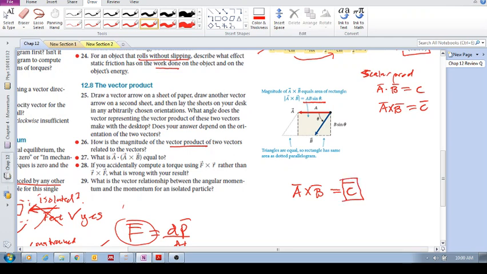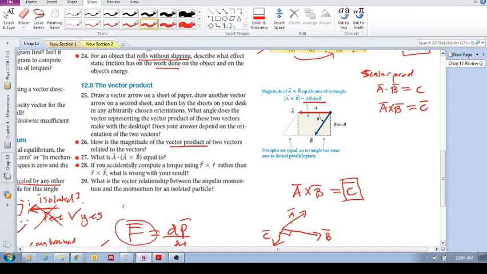Well, if you've got A there and B, for example, and you go A cross B, this vector C has to be perpendicular to this plane that these two vectors are in. So it's perpendicular to both A and B.